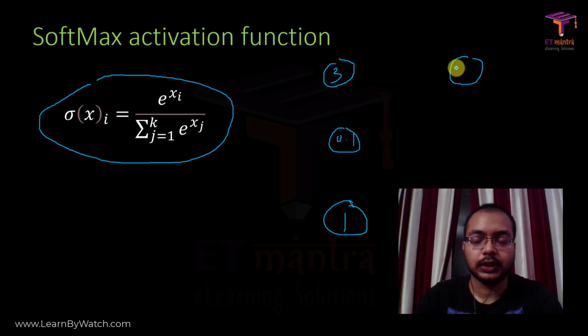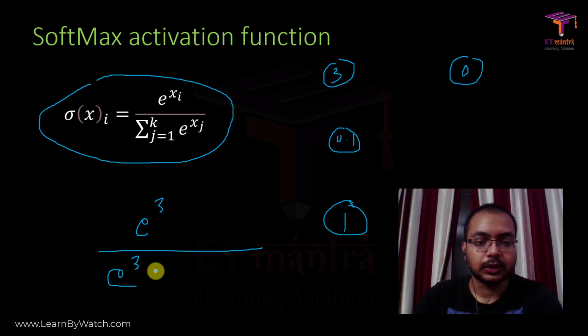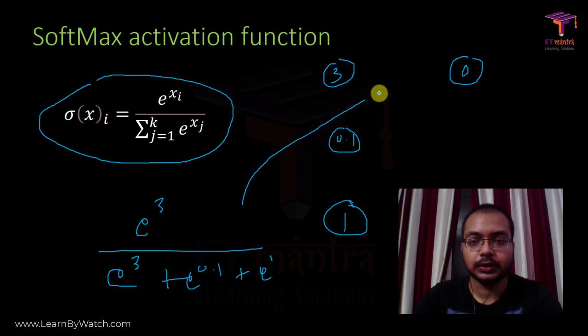is it outputs here e raised to power 3 by e raised to power 3 plus e raised to power 0.1 plus e raised to power 1, and this thing will be placed here.